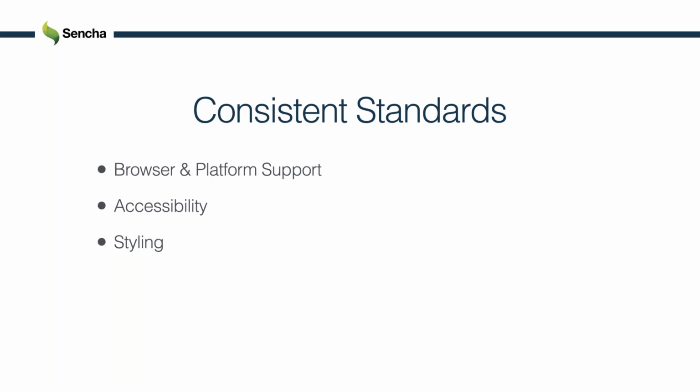So you might find that when you're putting together your open source application framework, some components might work down to a certain version of Internet Explorer. Some might only support the evergreen modern browsers. Some might go all the way down to IE6 support.